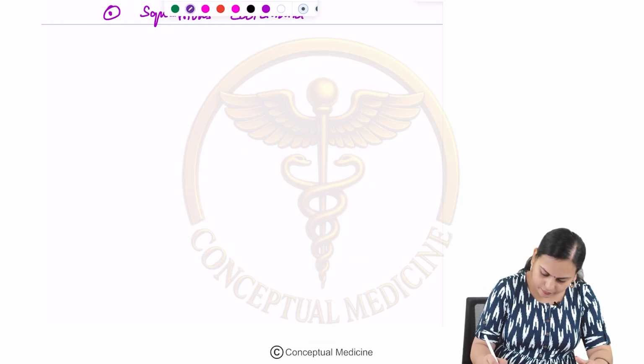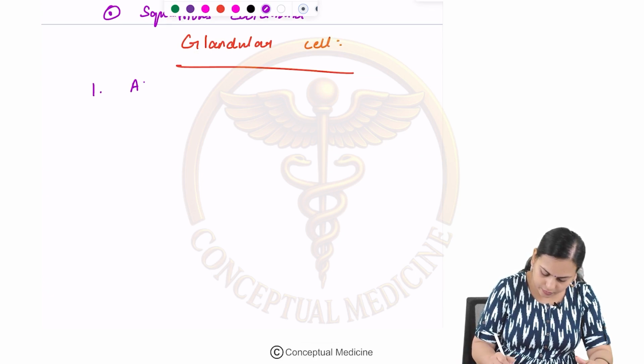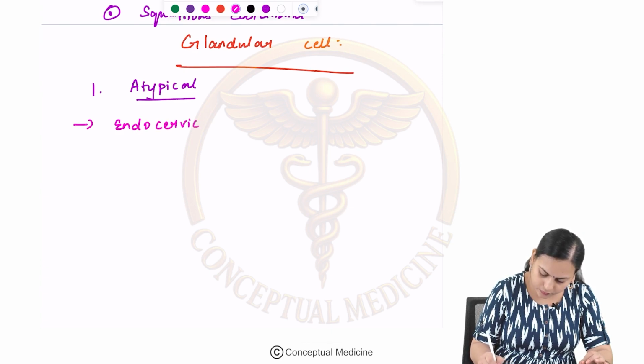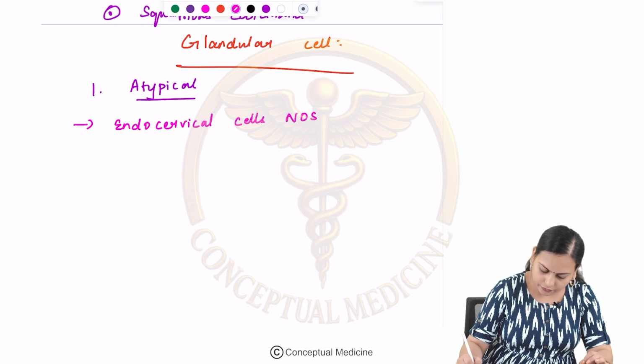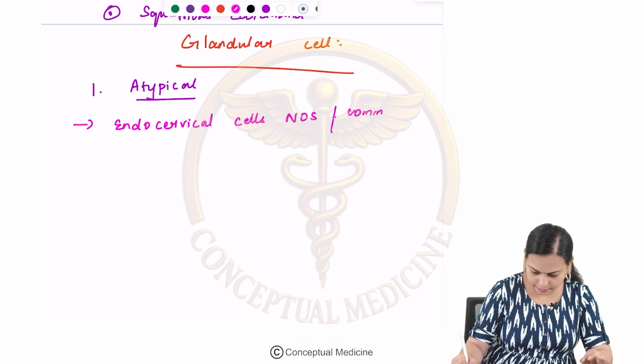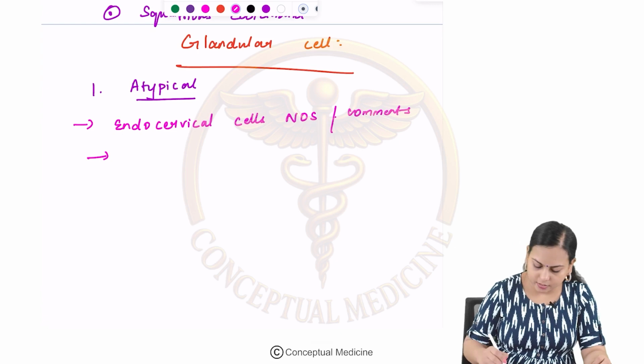glandular cell abnormality. Okay. So, glandular cell abnormality. First one is atypical glandular cell. That means you can have endocervical cells NOS, that will be specified especially in the comments. NOS means not otherwise specified. Okay.